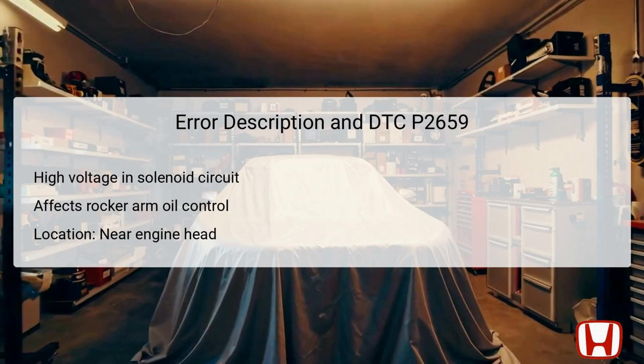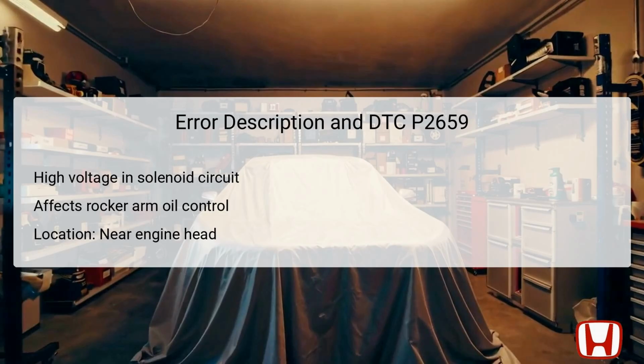The P2659 DTC directly relates to the rocker arm oil control solenoid A circuit on Bank 2. This component is responsible for regulating oil flow to the rocker arms, which is essential for the variable valve timing system's optimal operation. If there is a high voltage condition in this circuit, it may indicate an electrical short or a failure within the solenoid itself.